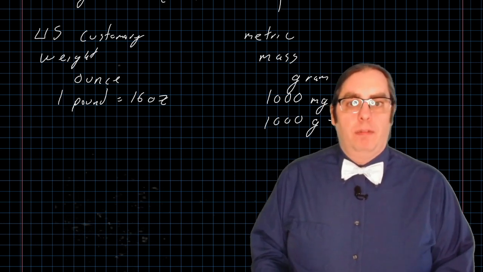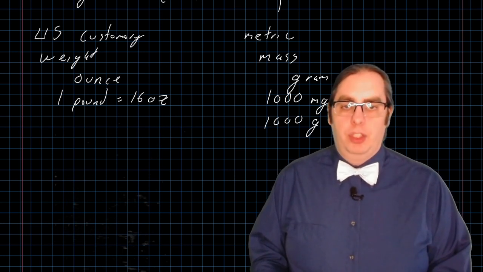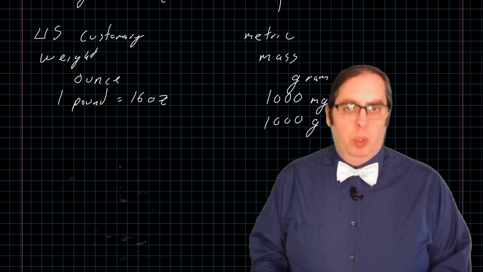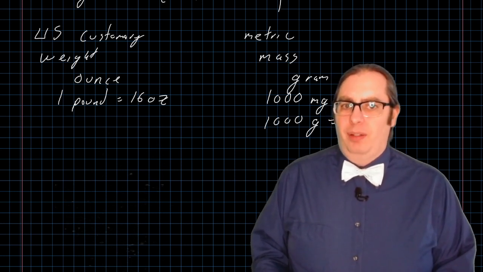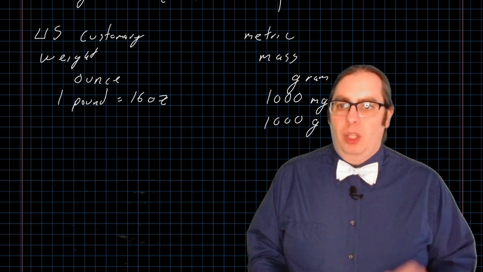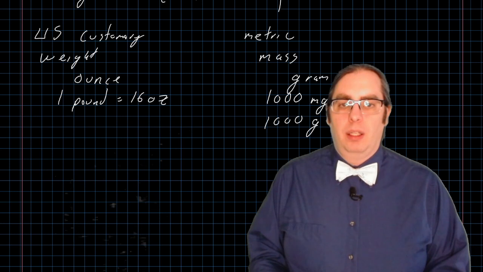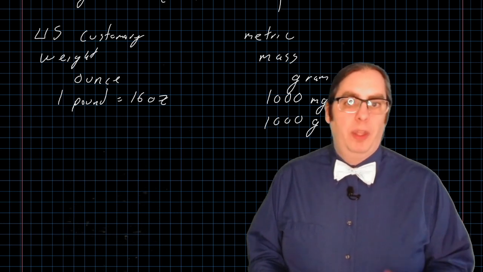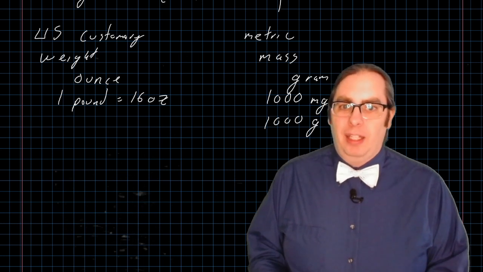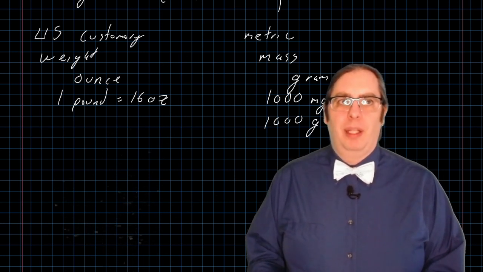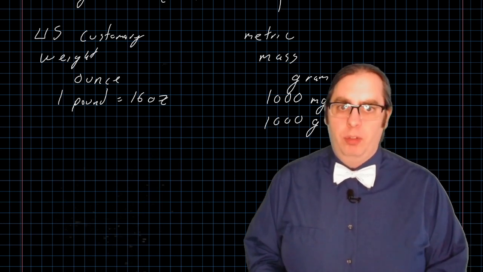Sure, you can convert from US customary to metric on most machines that have a digital readout today, and it works. But it doesn't really, right? You can move the table on a mill by 1/1000th of an inch. If you convert that into metric, it's something like 2.4, or I'm sorry, 24 microns.